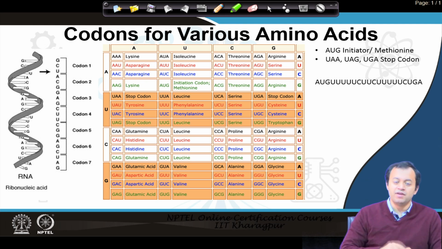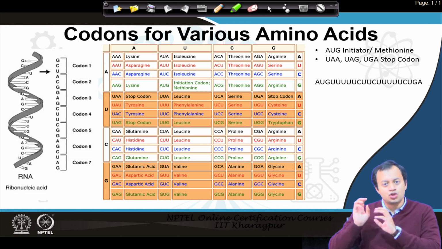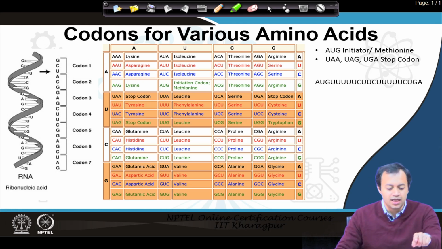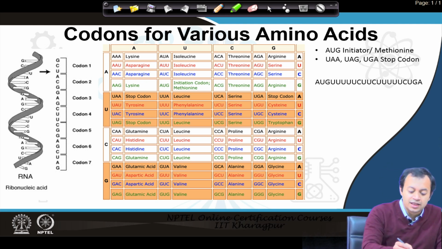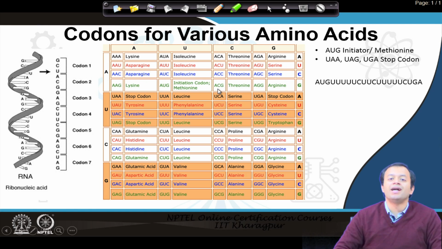Okay? Just like previously 100 was giving a message, 101 was giving another message. Similarly, he figured out, along with Crick, that 3 base pairs at a time, triplets, also known as codons, can be sufficient to create all different amino acids.